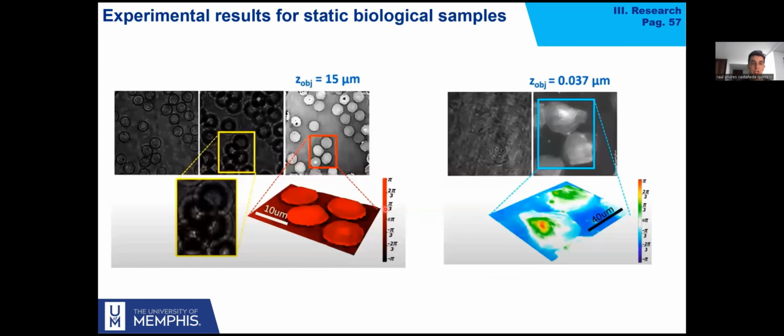So there are some of the outcomes that we obtained. These are red blood cells. The algorithm found that the propagation distance was 50 micrometers. And these are cheek cells. For these samples, we don't have any information about the propagation distance, and the algorithm found the correct propagation distance to obtain the in-focus reconstruction.